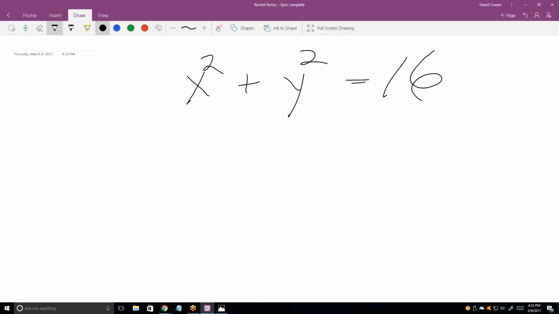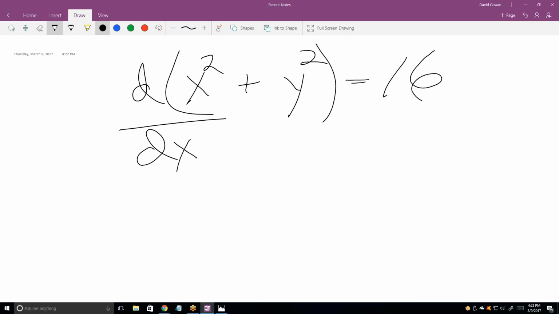Now, find dy dx. So we'll call this, actually this is the equation. When I say find dy dx, what I really mean is take the derivative of the left side with respect to x, and then take the derivative of the right side with respect to x.